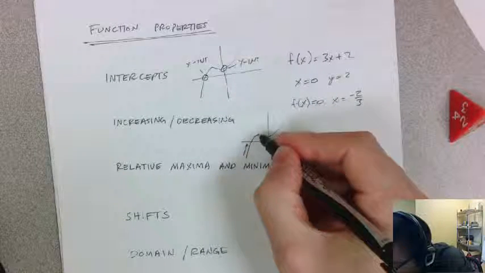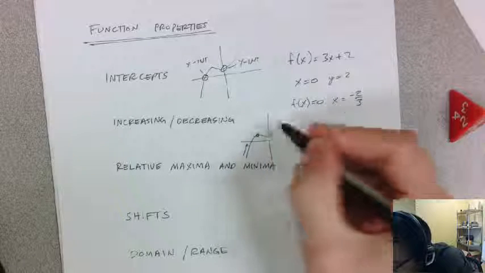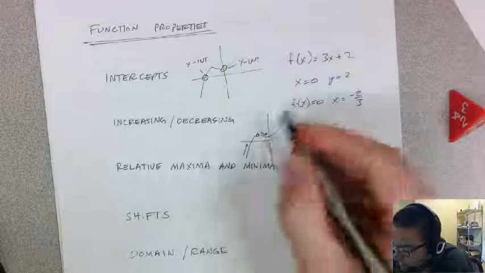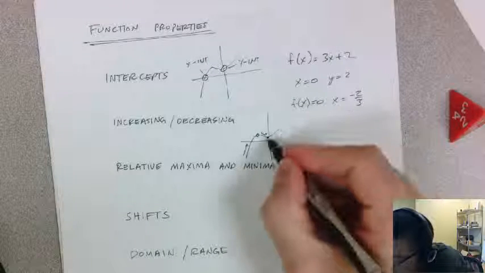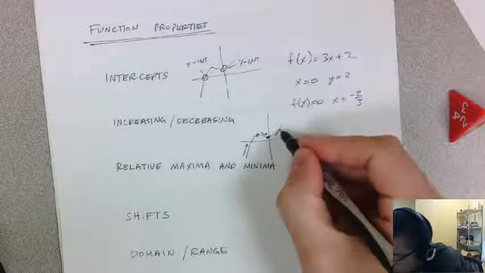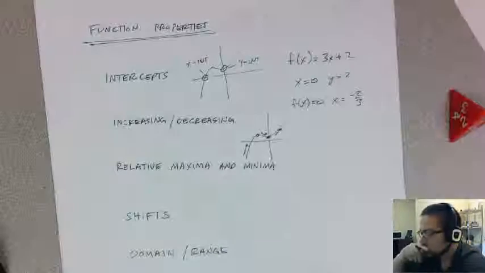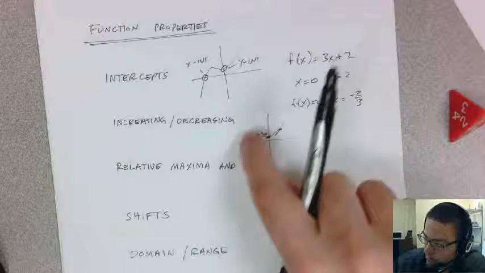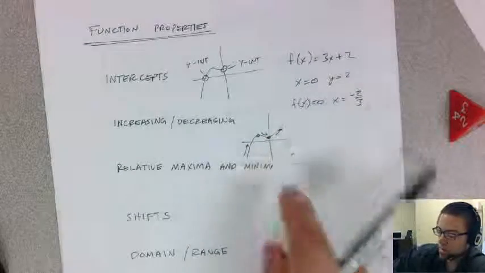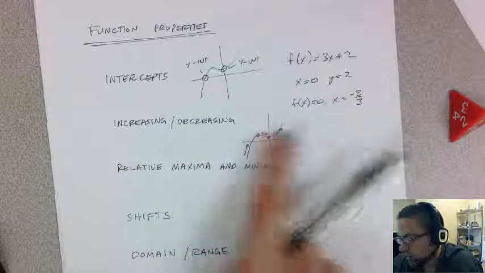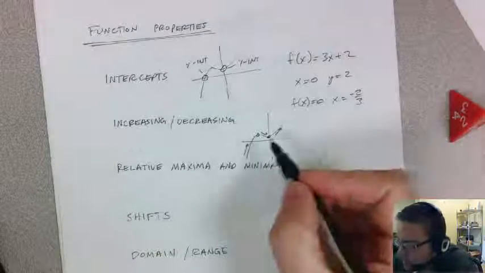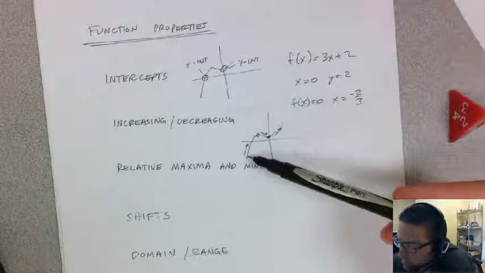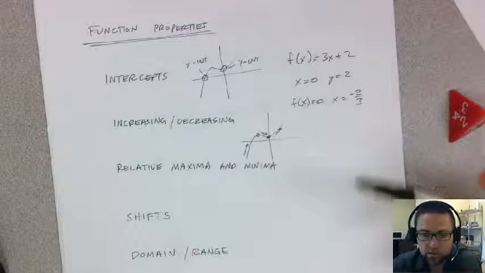And then at some point around here, it starts to go down, and then we say the function is decreasing. And then some point around here, it turns again, and now we say the function is increasing. So we can talk about that in terms of how it's concave and convex and going up. And so that's just the important part, noticing where your function is increasing, where your function is decreasing.